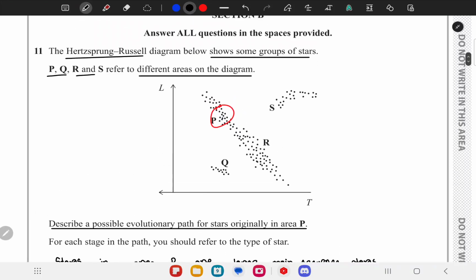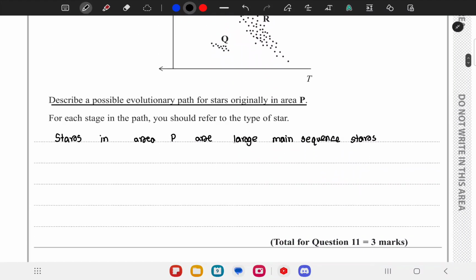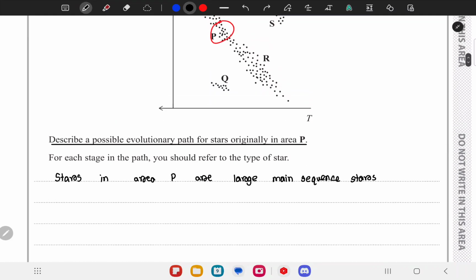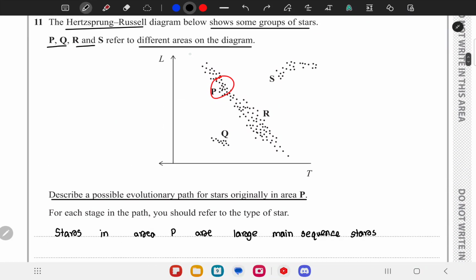It's not a blue giant. This is a large main sequence star, but it's not a blue giant. You can also write this is a main sequence star on its own. You don't have to mention that it's large, but this is not yet the blue supergiants that are over here.